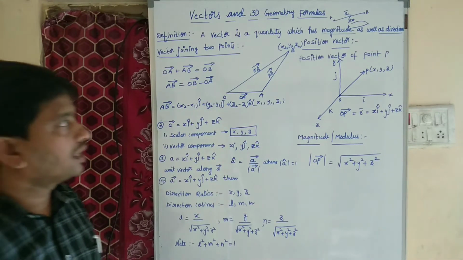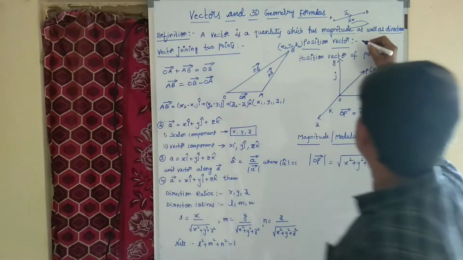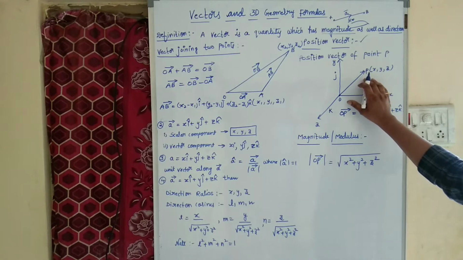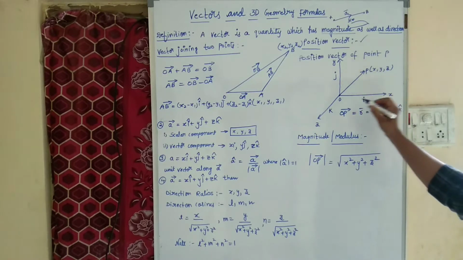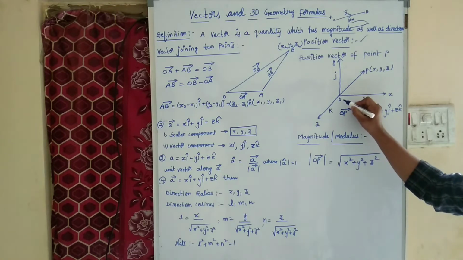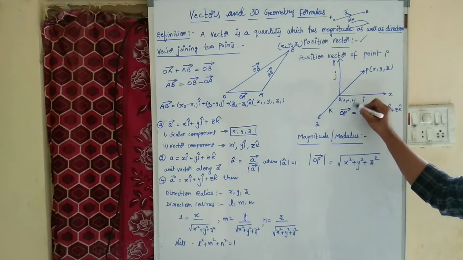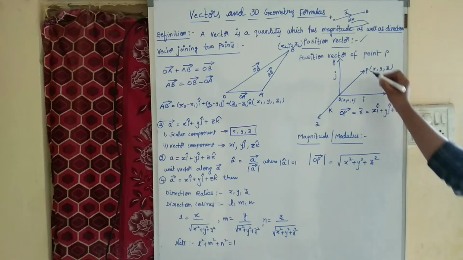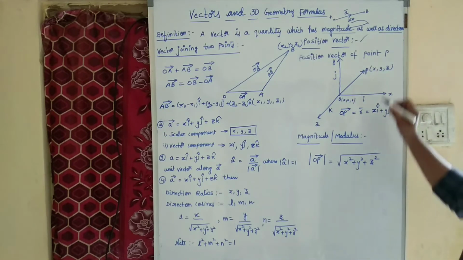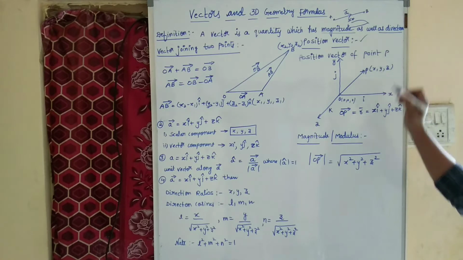Okay. Now coming to position vector. So this is our 3D coordinate plane which has x-axis, y-axis and z-axis. This is our origin 0, 0, 0. And this is our point P in 3D coordinates whose coordinates are x, y, z.